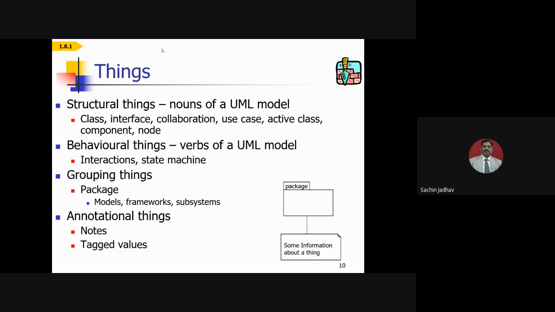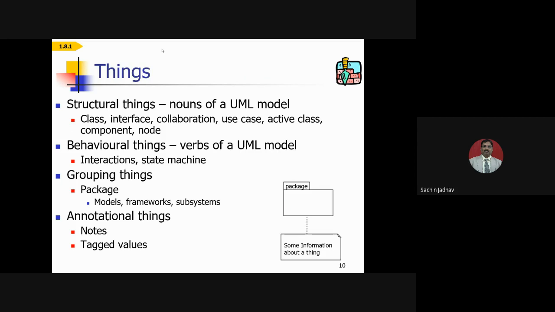Now, behavioral things are there. What is a class doing, what is an object doing, right? Behavioral things need to be identified with the help of the verbs of the UML model from the SRS. How exactly do interactions take place? What is the current state of the object, the machine, the system? These are the behavioral things, right?